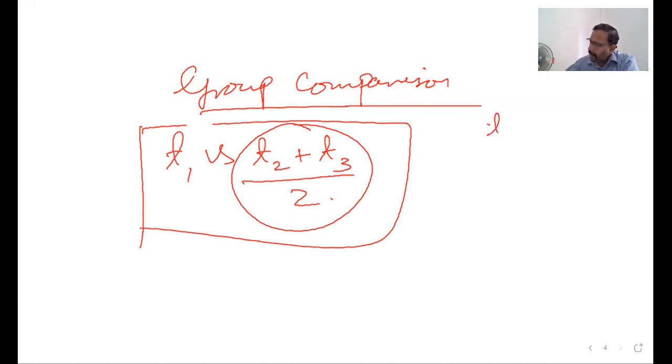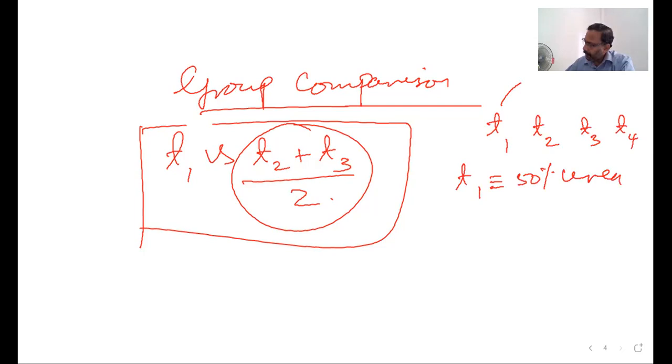Let's say my T1, T2, T3, T4. T1 is 50% urea. T2 means 75% urea.